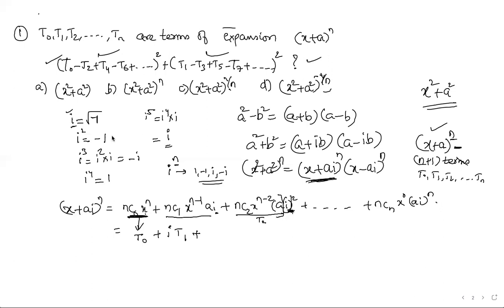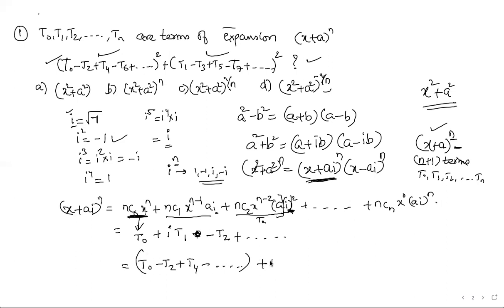So i^2 is nothing but -1, so it will be nothing but -T2. And so on, this will go on like this. So if you take the terms without i, it will be T0 - T2 + T4 - and so on.